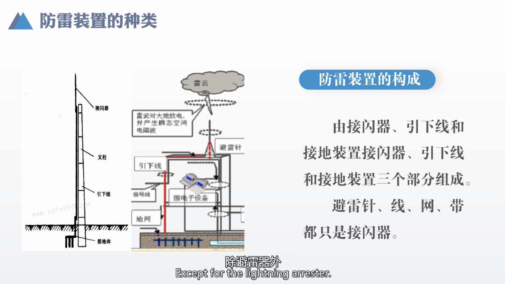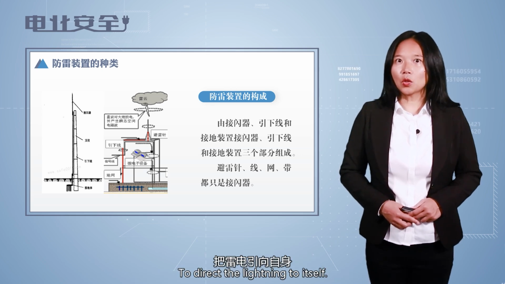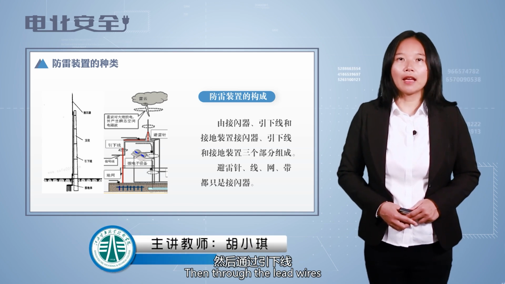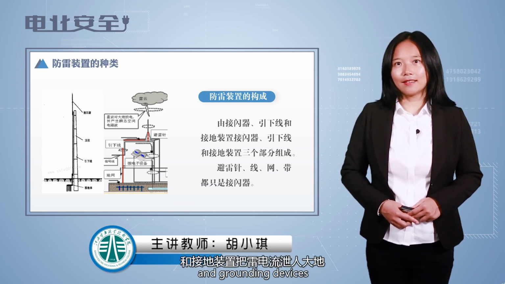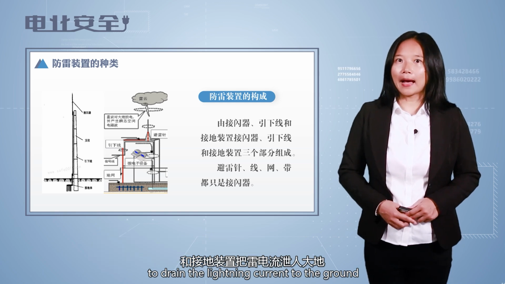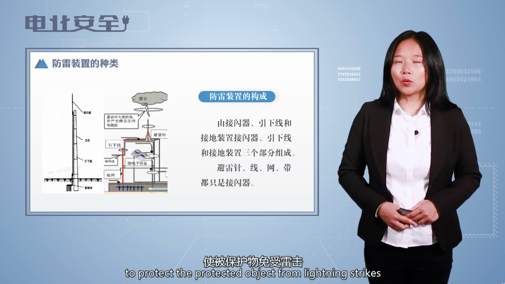Except for the lightning arrestor, they all utilize their prominence above the protected object to direct the lightning to themselves. Then, through the lead wires and the grounding devices, they drain the lightning current to the ground to protect the protected object from lightning strikes.